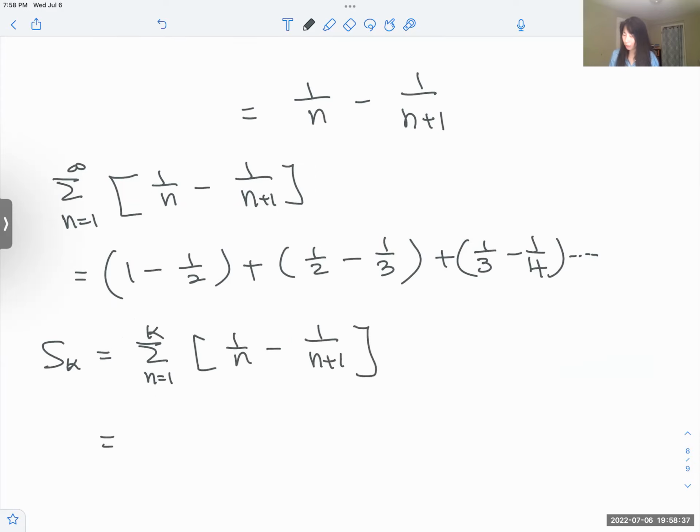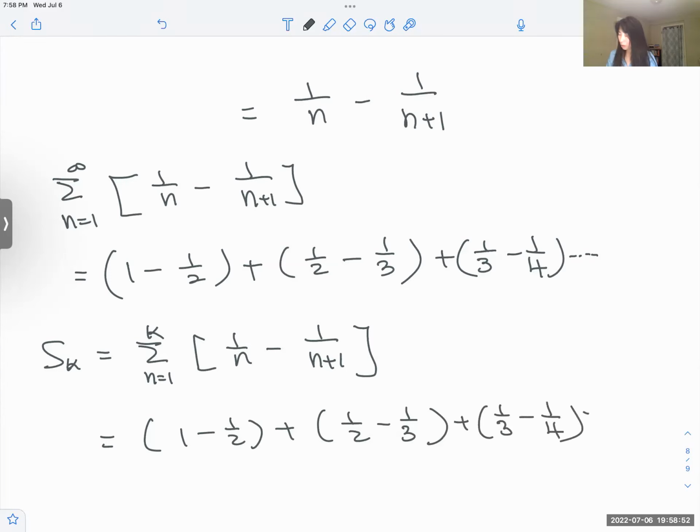So we will have, look, same as the above. So 1 minus 1/2 plus 1/2 minus 1/3 plus 1/3 minus 1/4 until the k term. Can you see? 1 over k minus 1 over k plus 1.